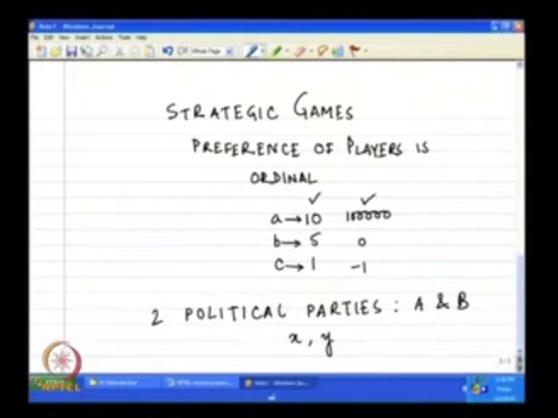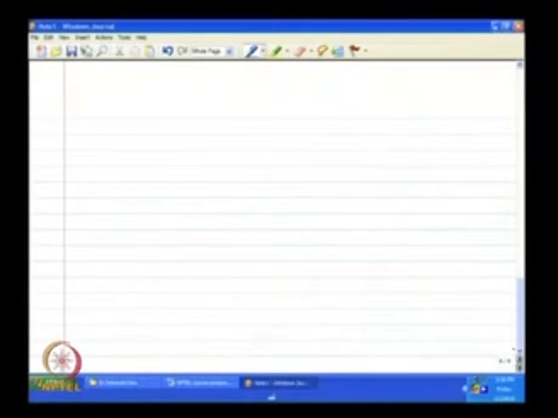So, X and Y affect the chances of winning of both the parties. It is not that X is affecting only the chances of A, it is affecting the chances of B also. So, this is what is meant by an interactive process: what I am deciding, what I am doing, is affecting you.